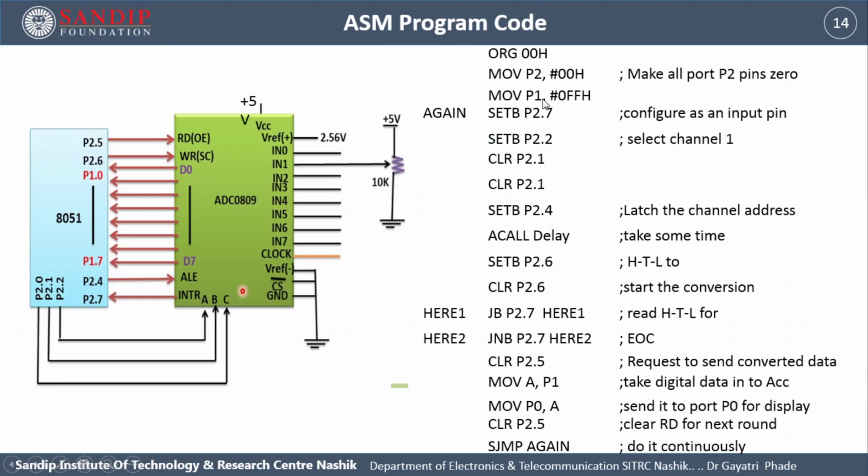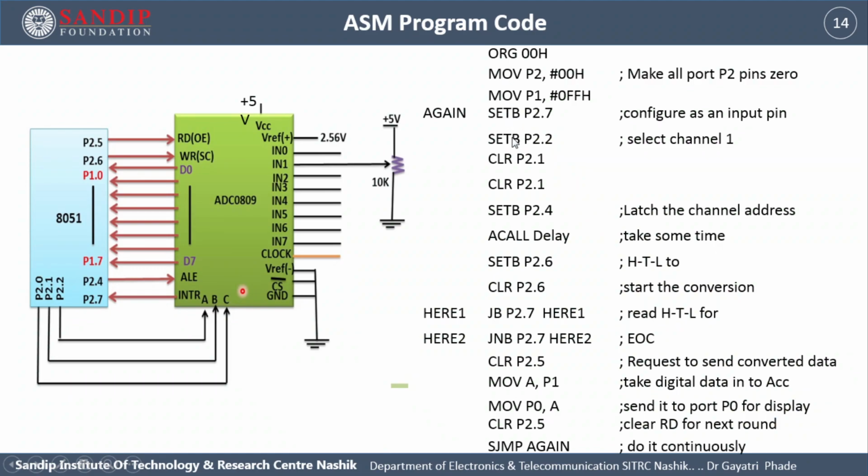Port 1 is configured as an input port, because from here we are getting the converted data from the ADC into the 8051 microcontroller. After that, we configure the P2.7 pin as an input pin because we want to read the status of this pin, whether it has gone high or not. So this is the configuration of the ports.